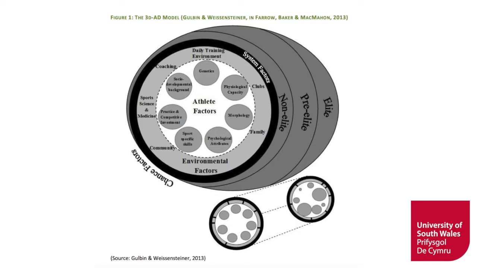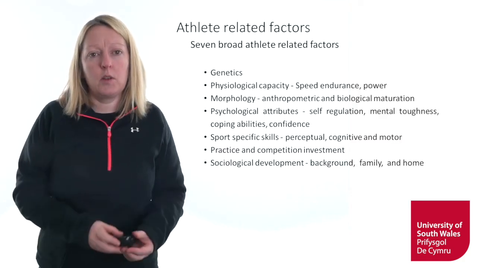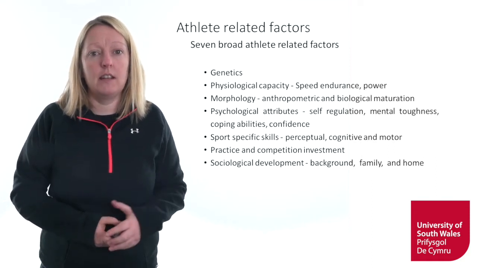I'd have the end of my rock as such, with my key writing on it, and then you've got one section which is the non-elite to pre-elite to elite, and all those factors, from the athlete factors to the system factors to the chance factors and the environmental factors will feature throughout that non-elite, pre-elite and elite stages, and they may alter and change based on the stage and the progression through that framework. So what it looks at is 7 broad athlete related factors.